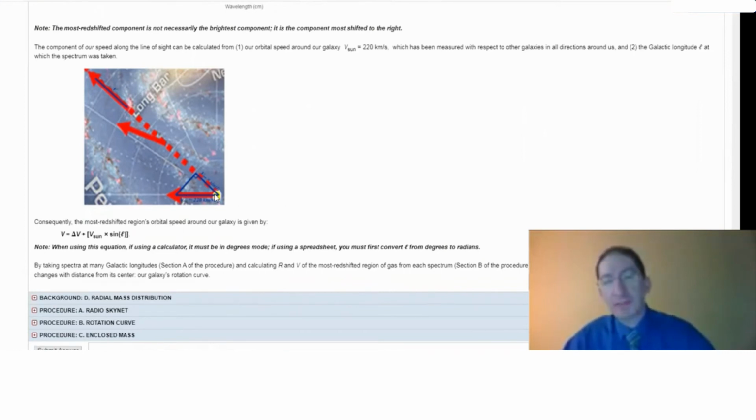The component of this motion along the line of sight is 220 kilometers per second times, again, the sine of the galactic longitude. You can see that here. So the total motion of our special region is its Doppler motion plus 220 sine L.